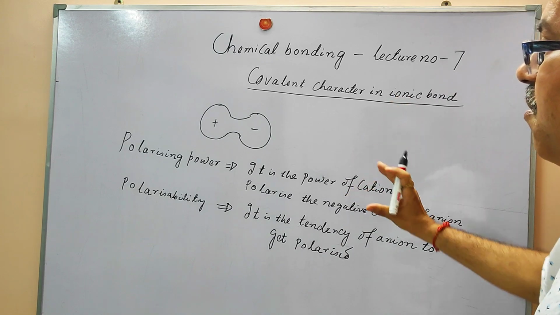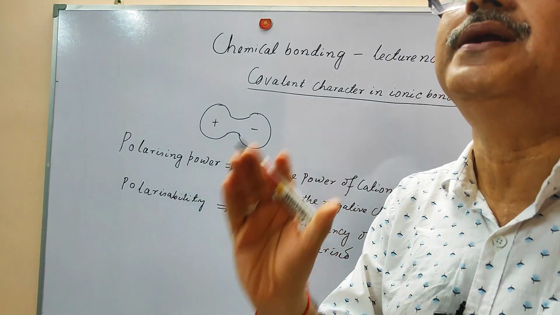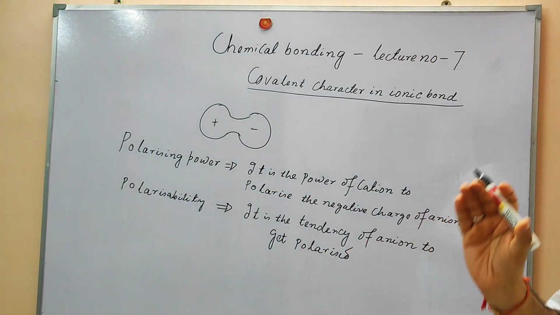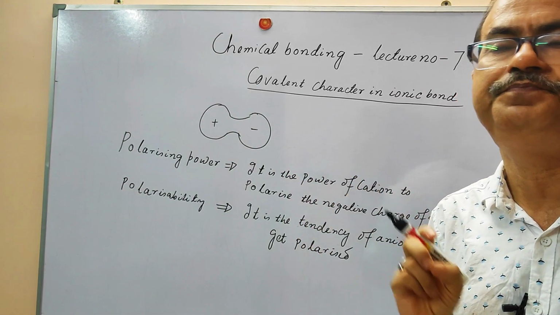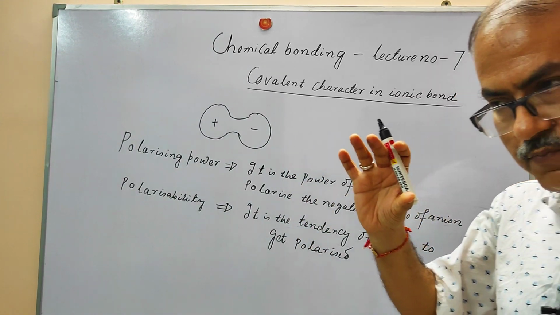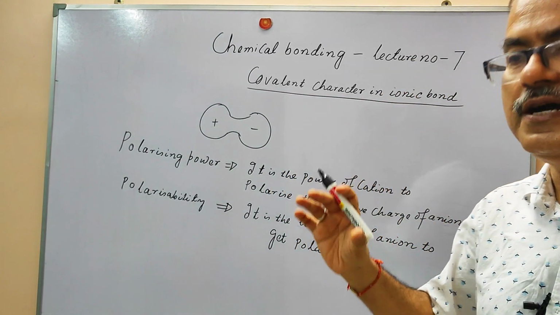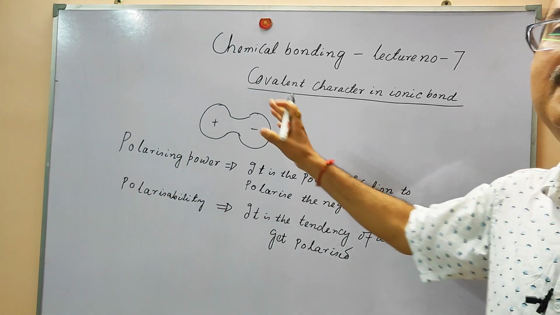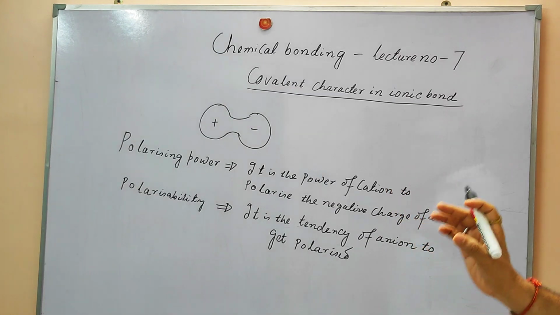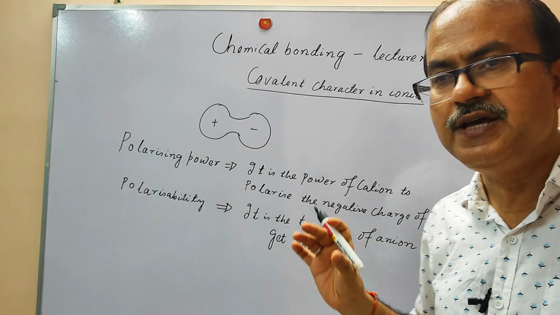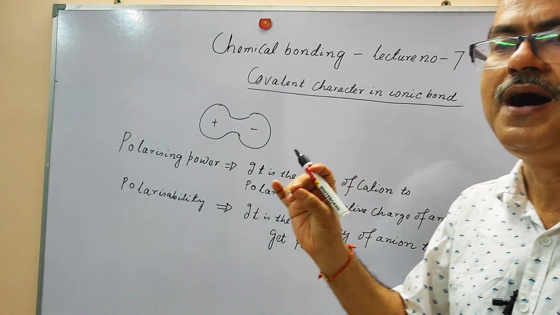So we can understand how the ionic bond acquires some percentage of covalent character. It is basically the distortion by the cation of the electron cloud around the negative ions, the anions, that impacts the covalent character of the ionic bond.